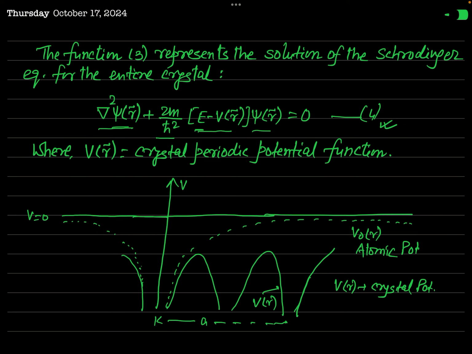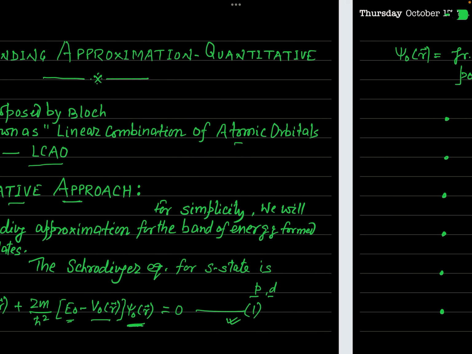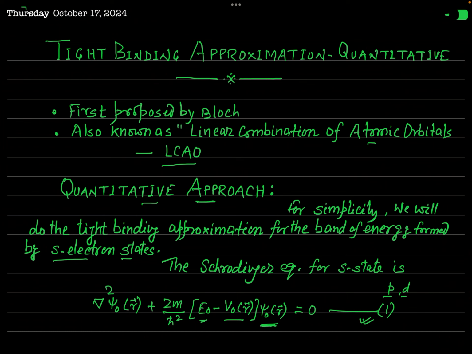Here this V of r is the crystal periodic potential function. So you can see in our discussion we have encountered two potentials. First, we wrote the Schrodinger equation for a free electron, or the electron in an s orbital of an isolated atom, in equation 1.